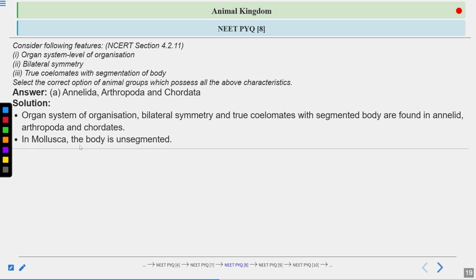In Mollusca, the body is unsegmented. There is no segmentation in the case of Mollusca, right? So that could not be the correct answer. The correct answer is option A. Let's move to the next question.